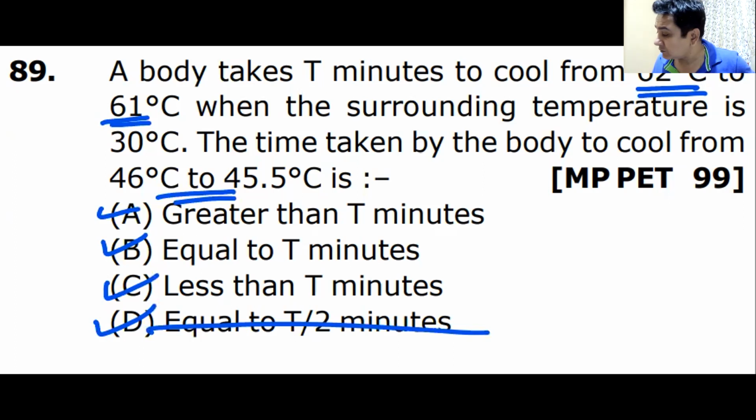But again, it will be difficult for you to solve such a question just by giving a logic. So in that case, you will have to solve the question. How will you solve the question? You will make the equation and then you will put in the values. Do you understand this?